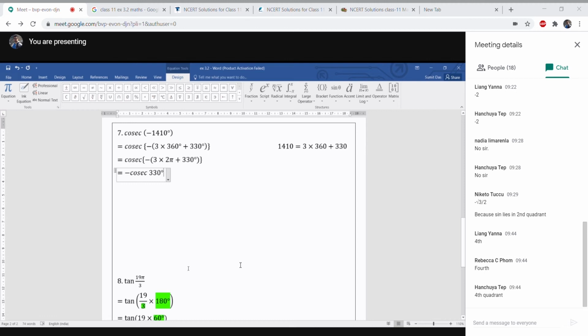Understood? Now what we have to do is write minus cosec in brackets.